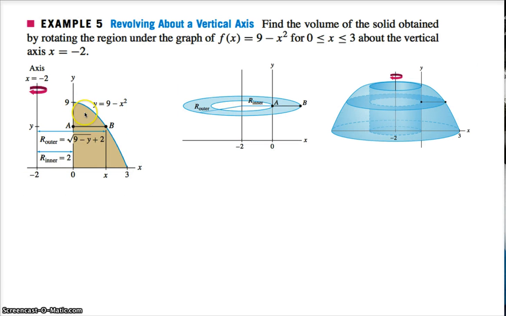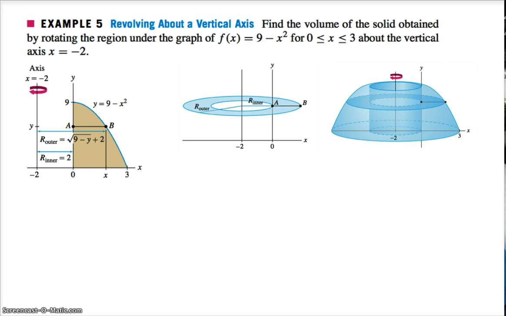In this example here, we have a region. The parabola here is y equals 9 minus x squared, and it goes from 0 to 3 in the x values. Here, we want to spin this region about a vertical axis. Not the y-axis, but the axis 2 units to the left, which has equation x equals -2.